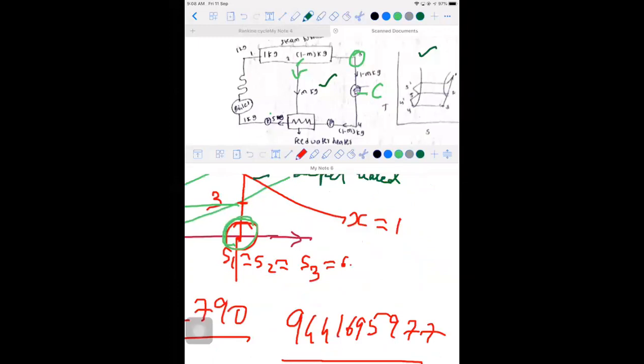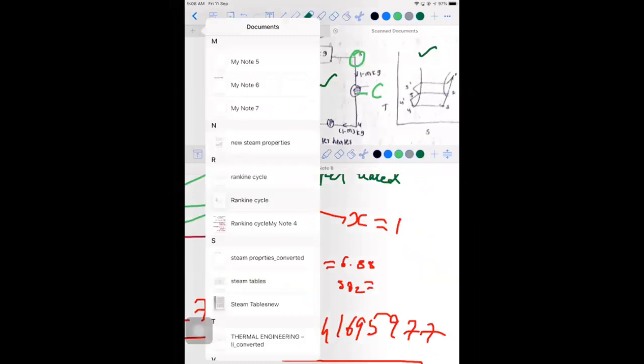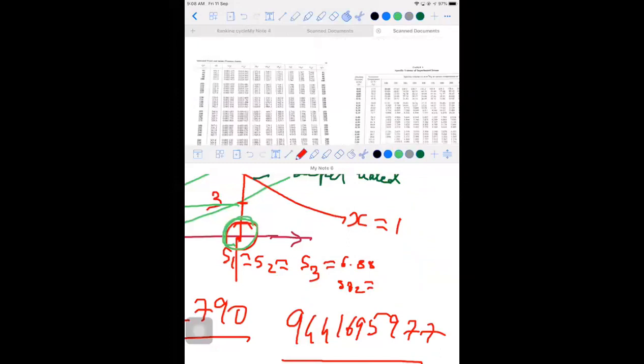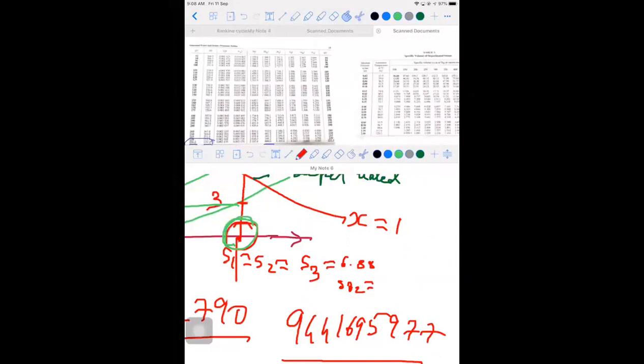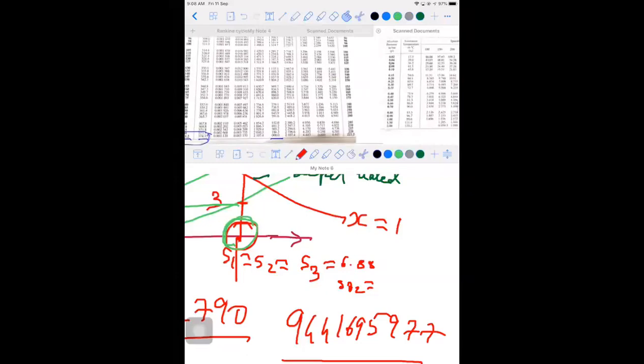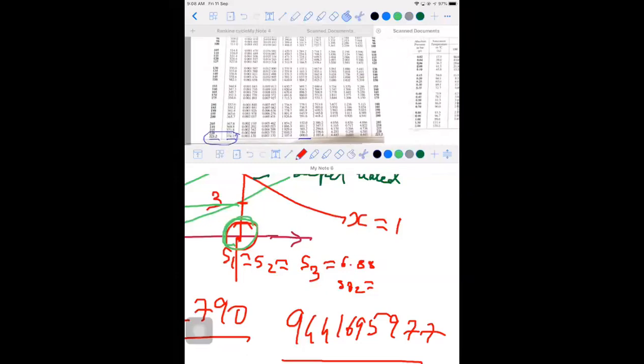And what is the SG2 against 5 bar from your steam tables? P2 is 5 bar.